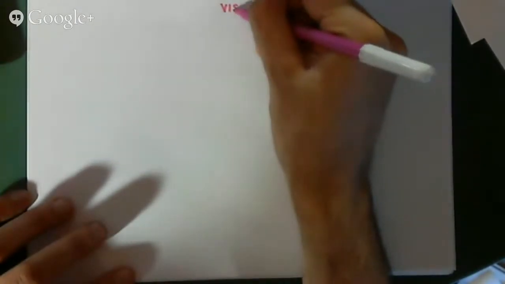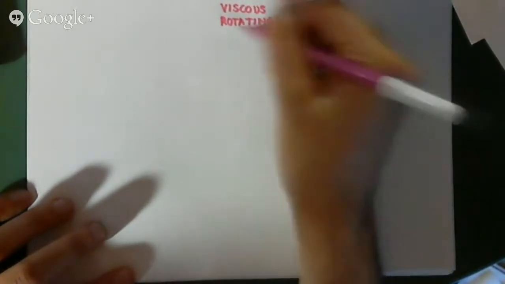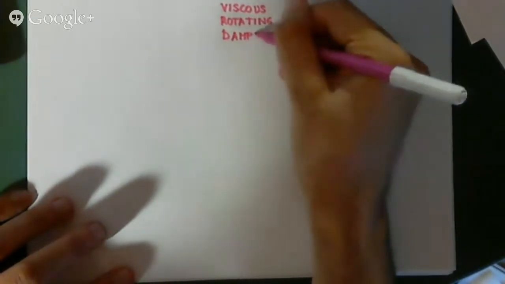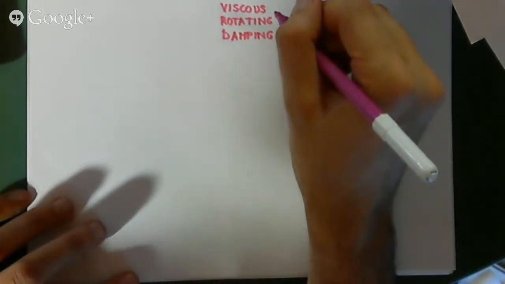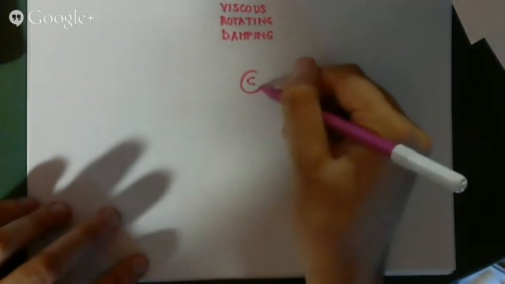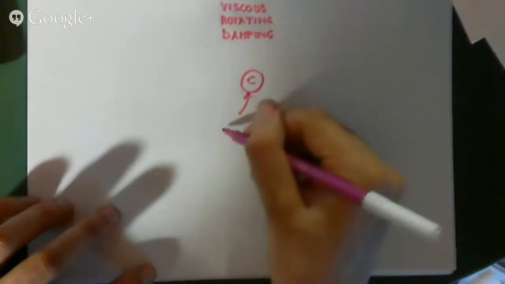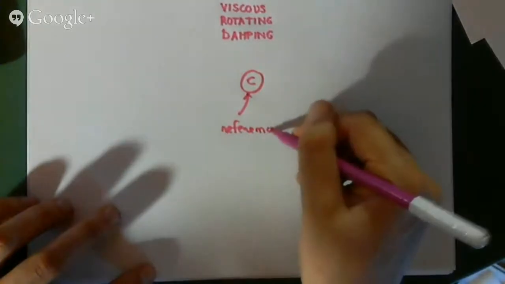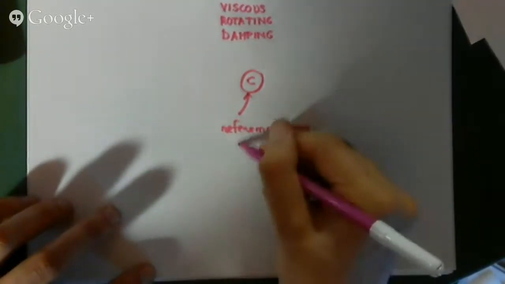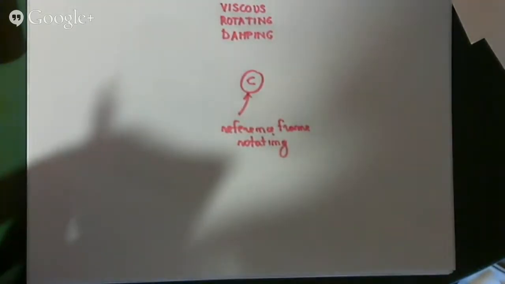The force caused by viscous rotating damping is proportional to the speed of point C as observed by a reference frame rotating with the same speed of the rotor.